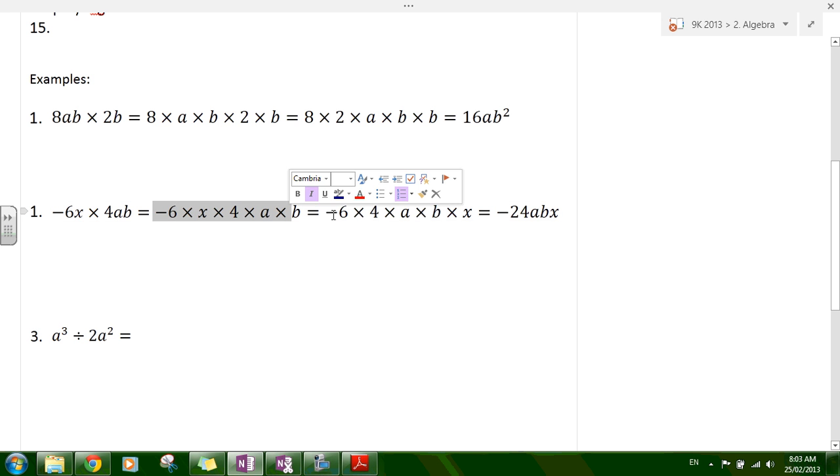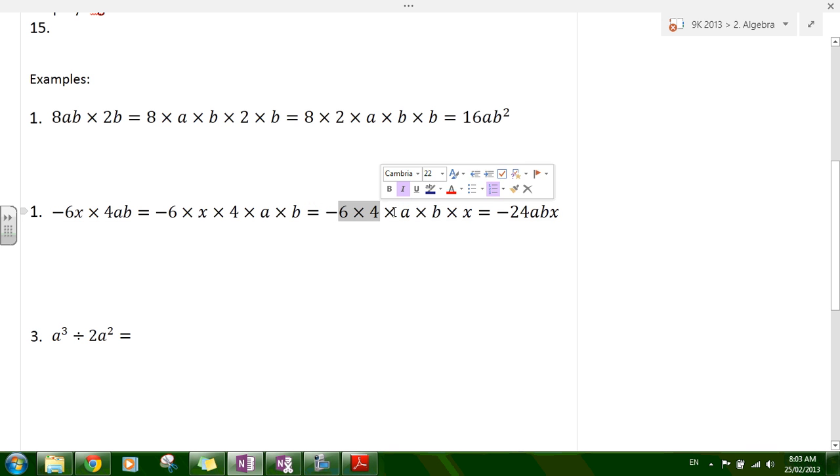I can rearrange it, put the numbers together, put the pronumerals together, and then I write it in the simplest form, which is this one. So that's multiplication, making sure we remember when you have a negative times a positive, it's going to be negative. Negative times a negative is a positive. Positive times a positive is a positive as well.